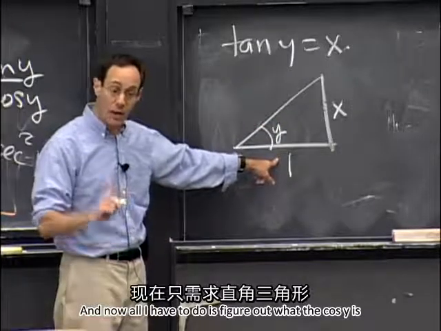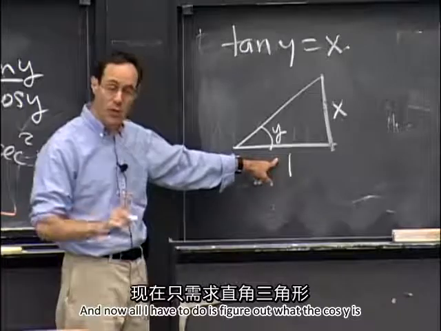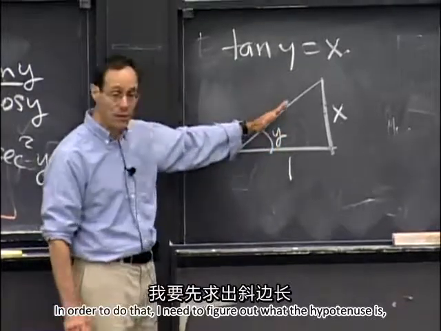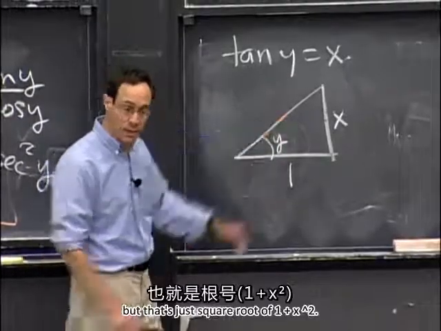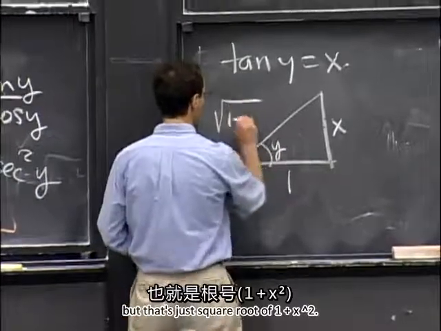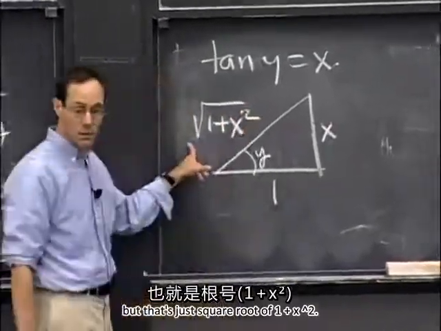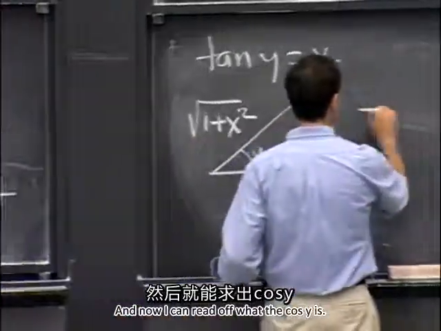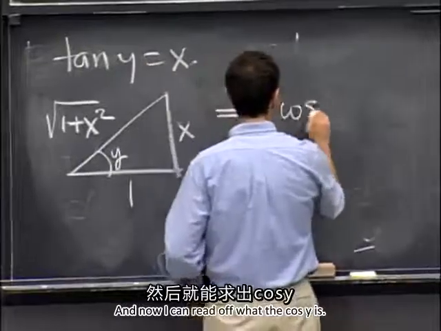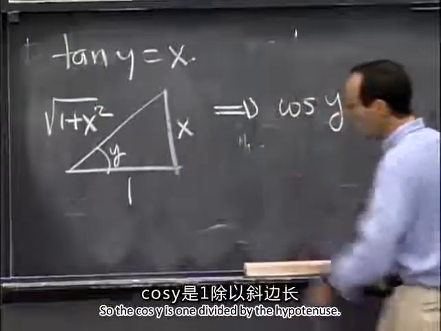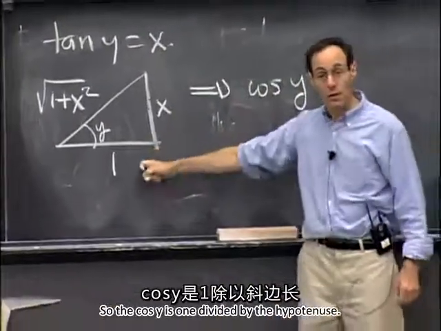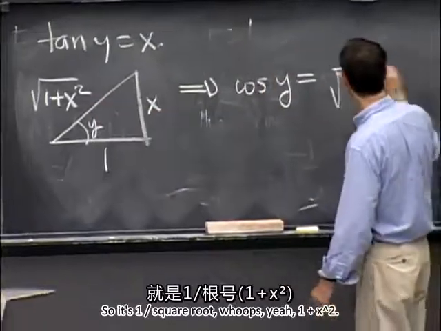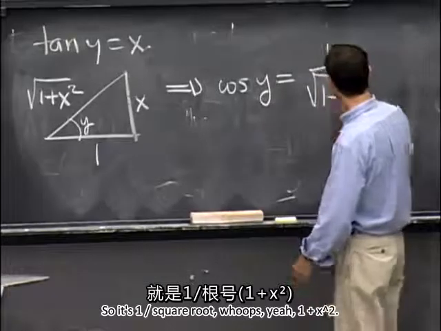And now, all I have to do is figure out what the cosine of y is in this right triangle here. In order to do that, I need to figure out what the hypotenuse is. But that's just square root of 1 plus x squared. And now I can read off what the cosine of y is. So the cosine of y is 1 divided by the hypotenuse. So it's 1 over square root, 1 plus x squared.